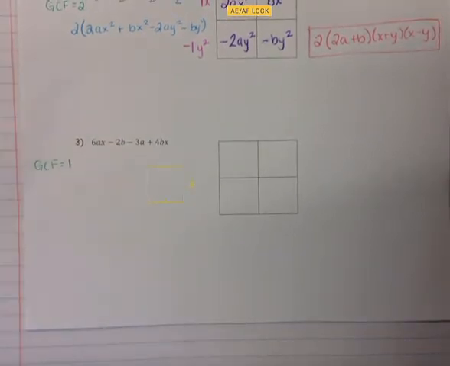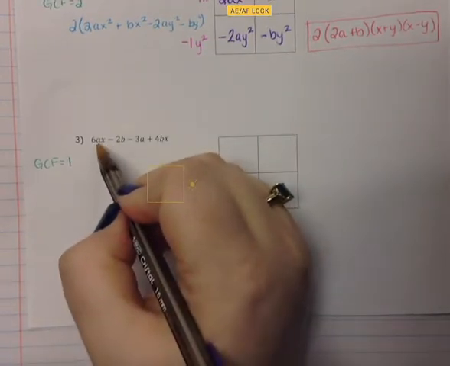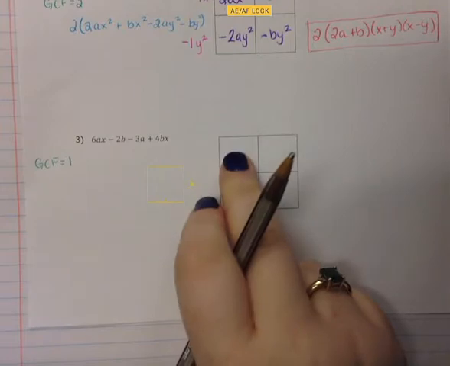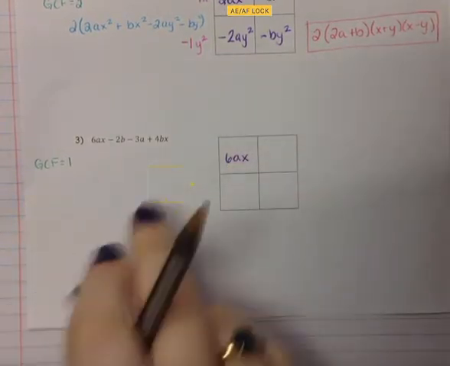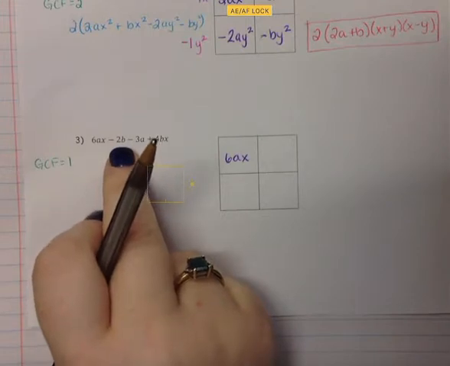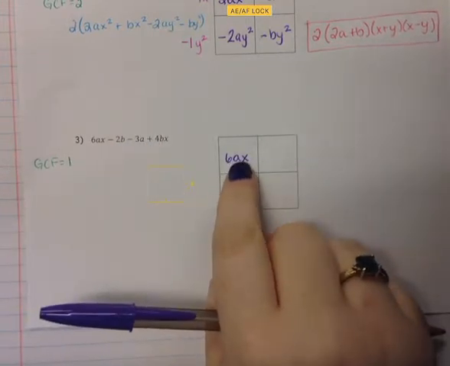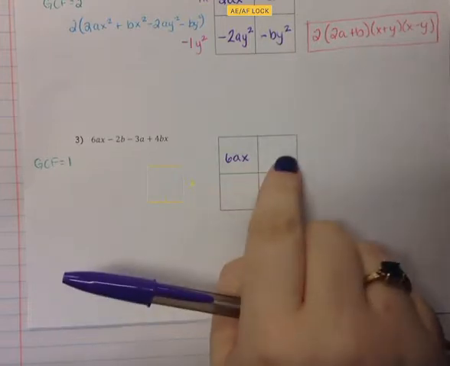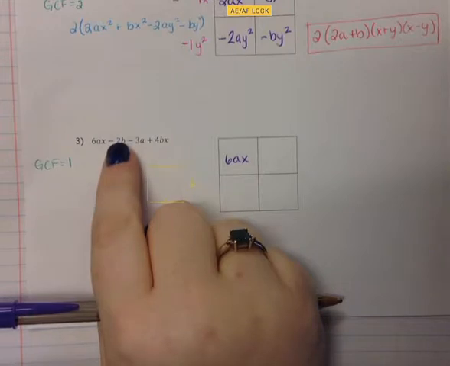So now I start putting in my terms. So my 6ax, I'm going to put in the front, in the first one. My next one is negative 2b. That does not share a letter with ax, so I don't want to put the 2b in here. So I'm going to look at another one.